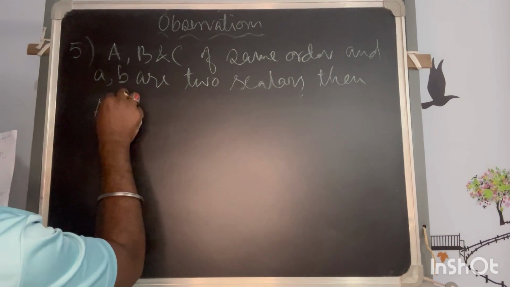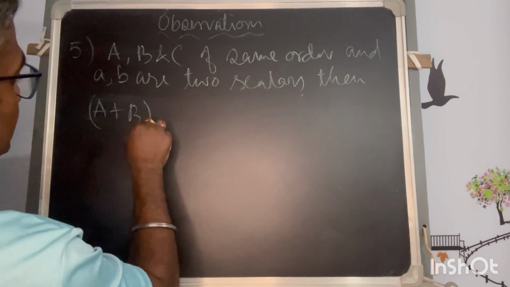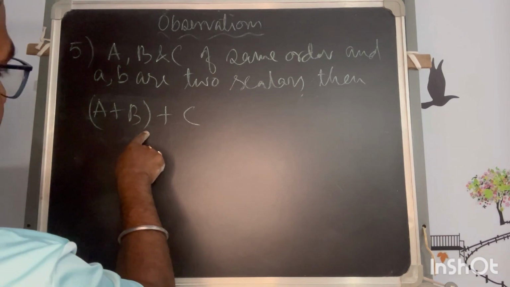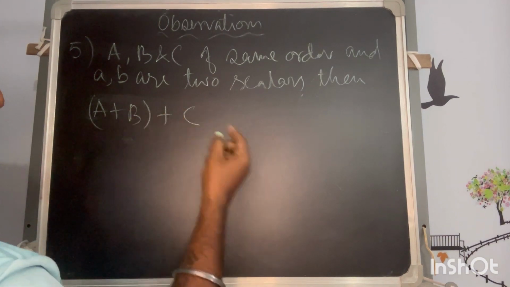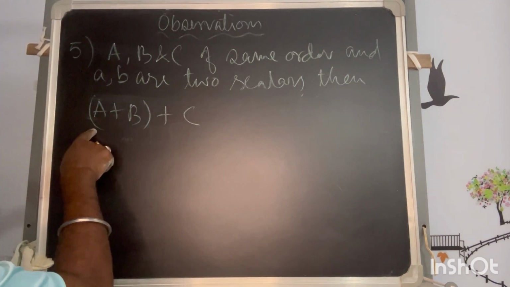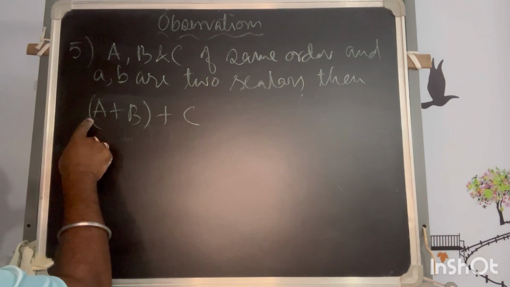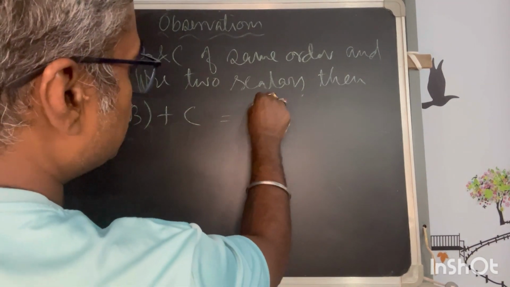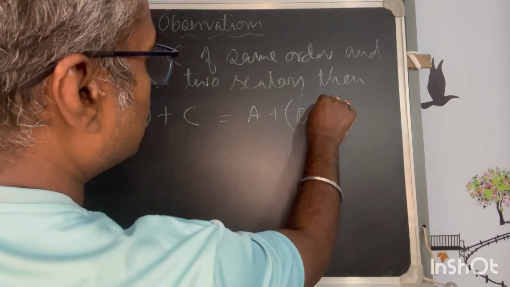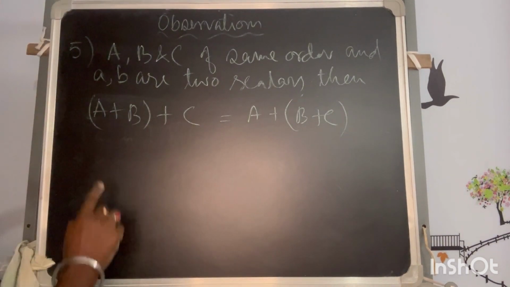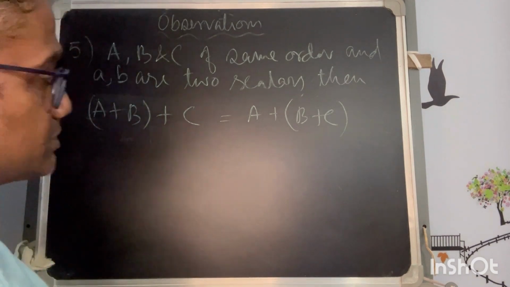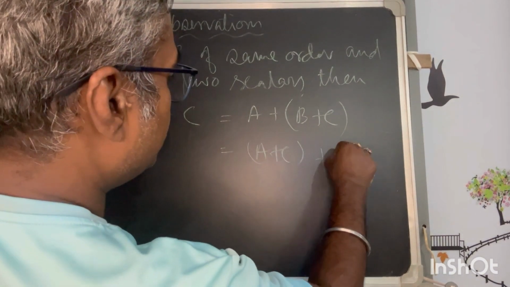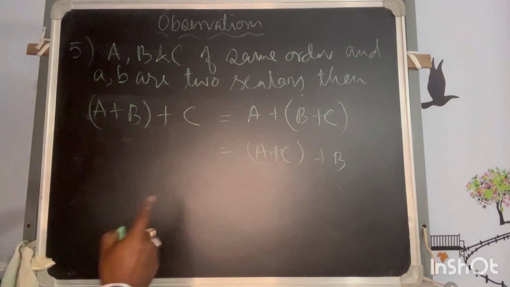The second one is associative. This is called associative. Three matrices are there, and the bracket follows the BODMAS rule, where this bracket will come first for calculation. If I do A plus B first, then we add C. This won't change if I do it the other way around, if I do A plus B plus C, or let's say A plus C plus B. That is associative.